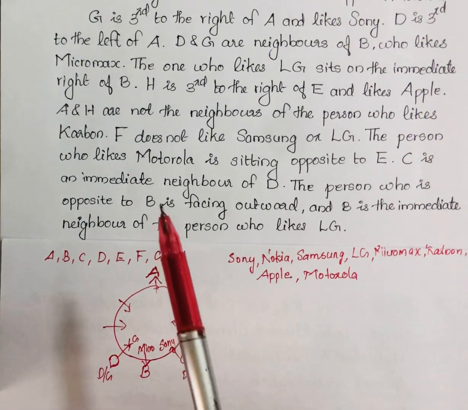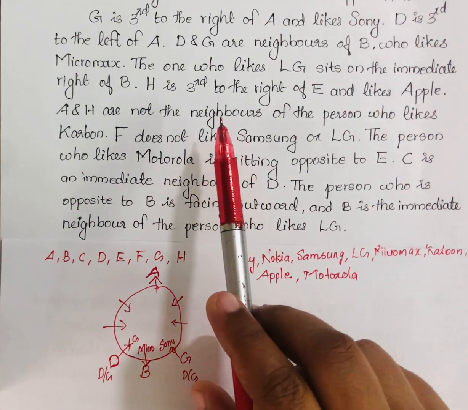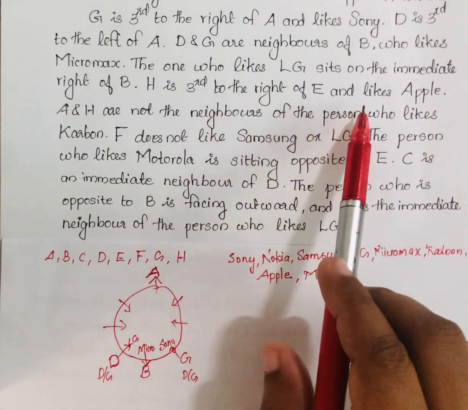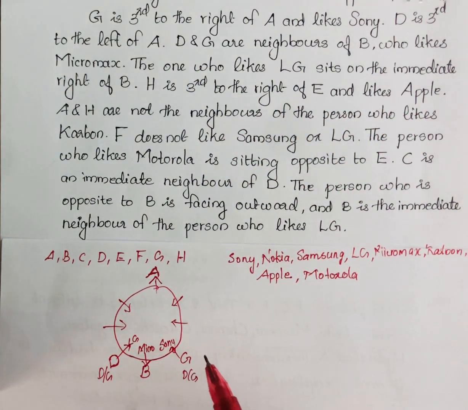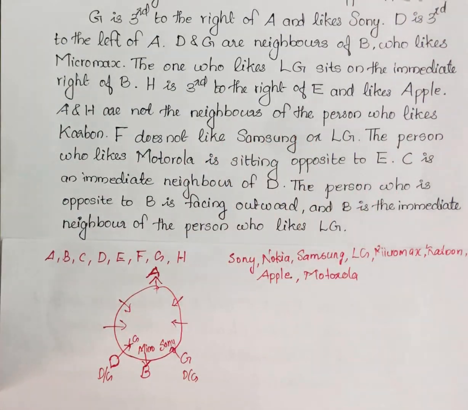Okay. Next condition is given, H is third to the right of E and likes apple. So H likes apple.